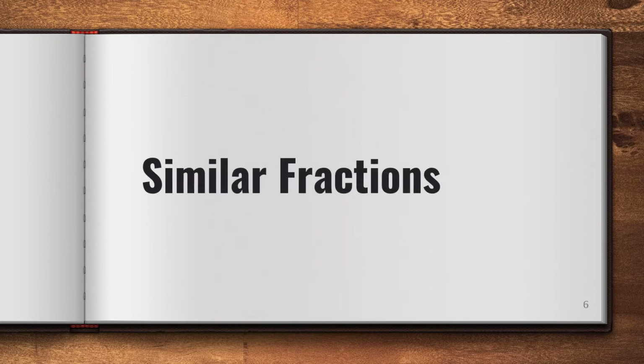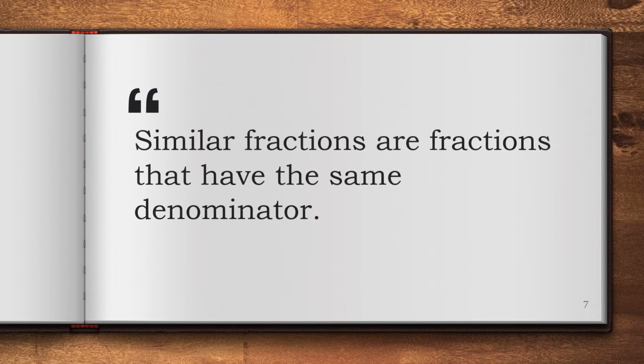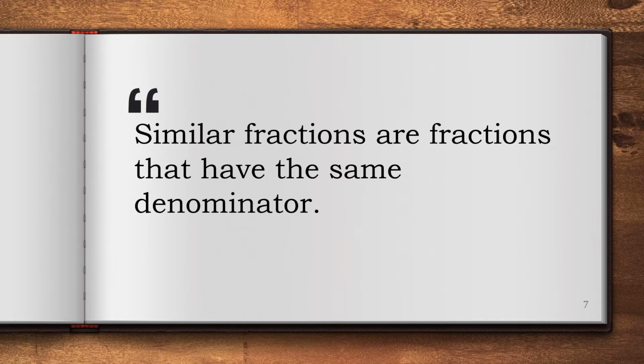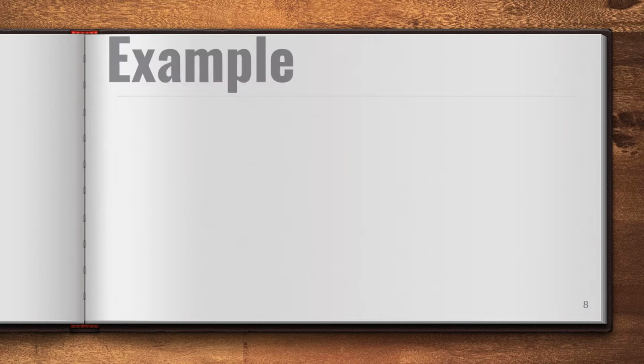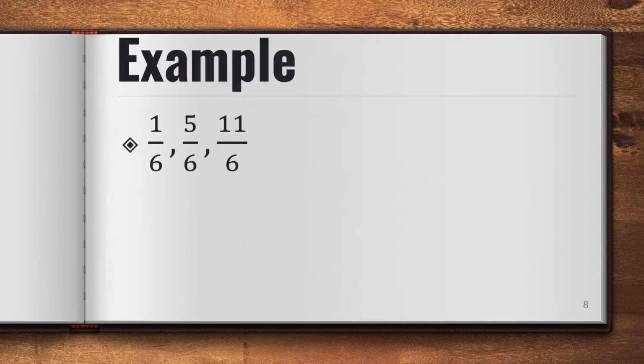Let us have first similar fractions. Similar fractions are fractions that have the same denominator. Examples of similar fractions are 1/6, 5/6, 11/6. And we also have another group which is 1/12, 5/12, 17/12.